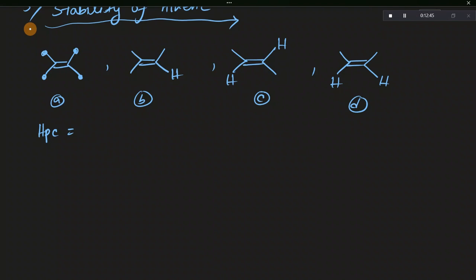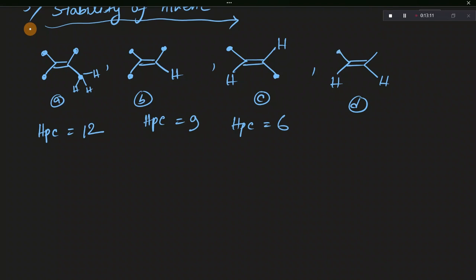4 alpha carbons, and each carbon has 3 hydrogens, that means 12 alpha hydrogens. Here 3 alpha carbons are present, that means 9 hyperconjugating structures. Here 2 alpha carbons are present, that means hyperconjugating structures are 6.